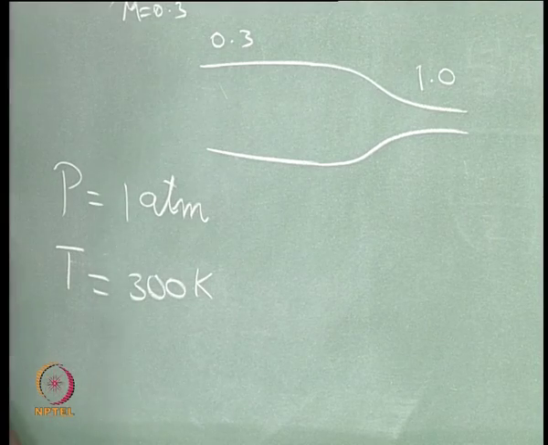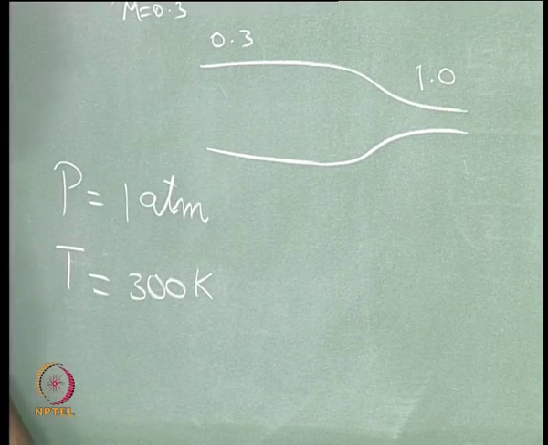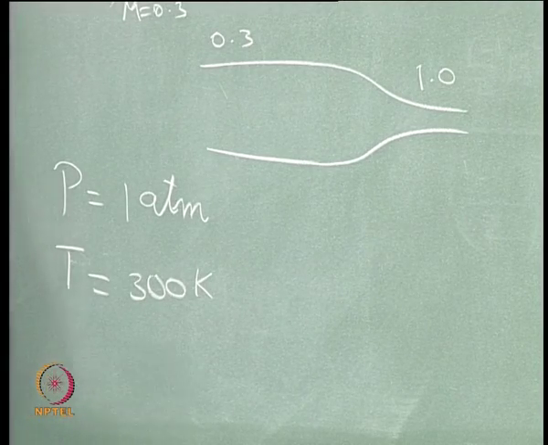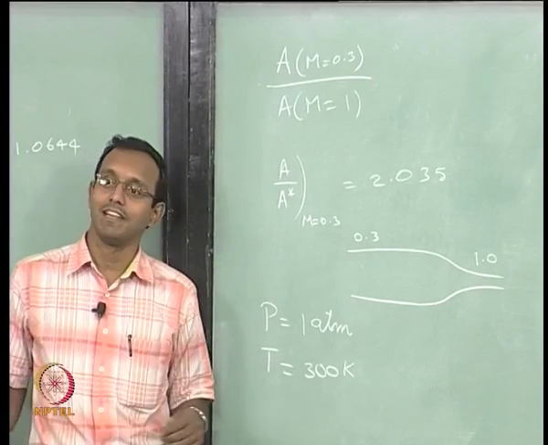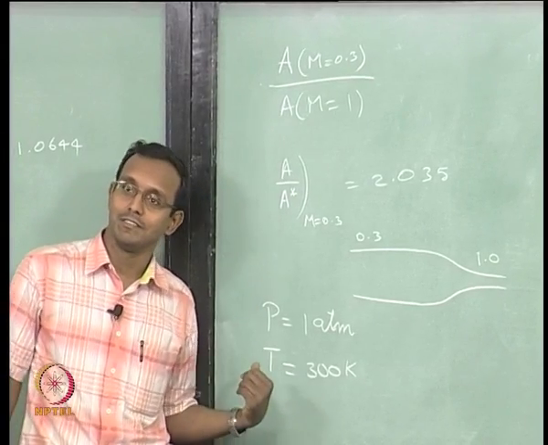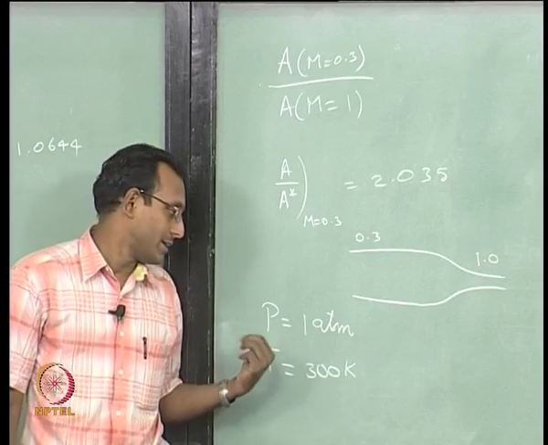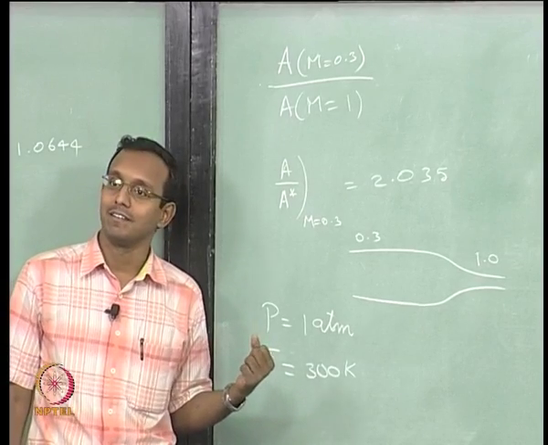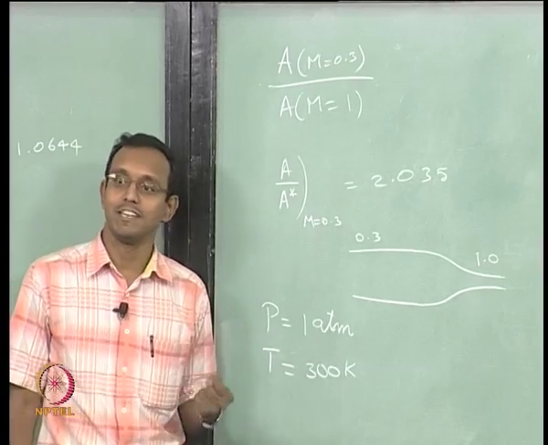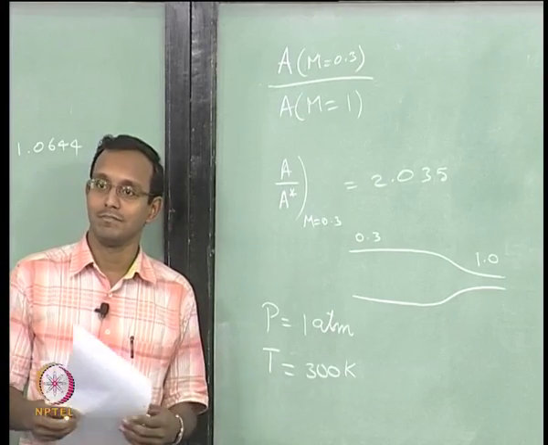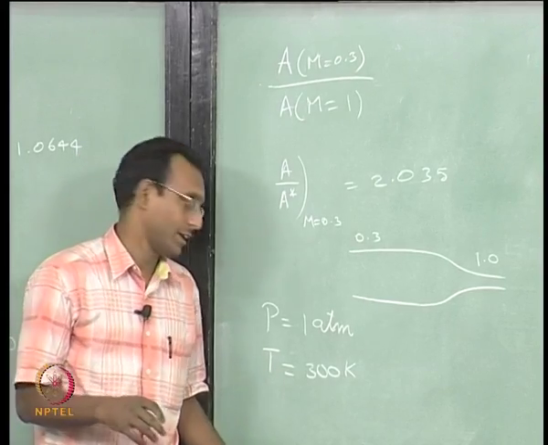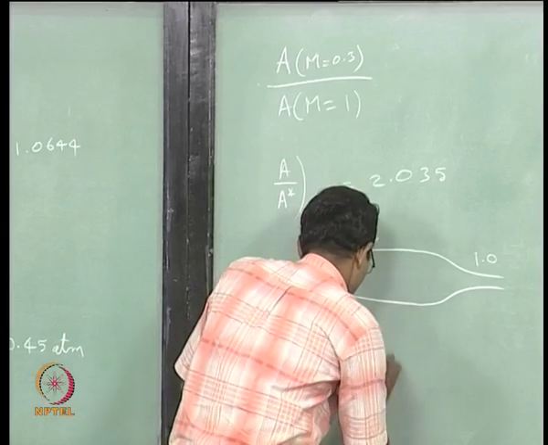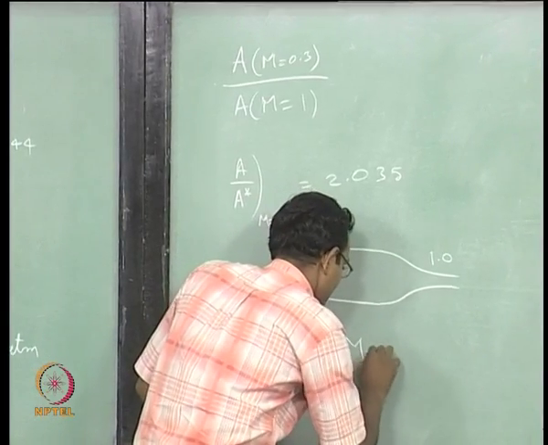I picked this for easy calculation. I want to find, if my rocket is traveling in this air at Mach 10, what will be the stagnation conditions experienced. So you are given this plus M equal to 10.